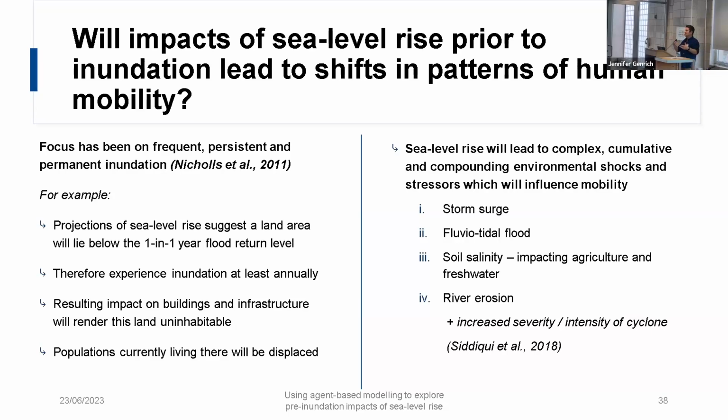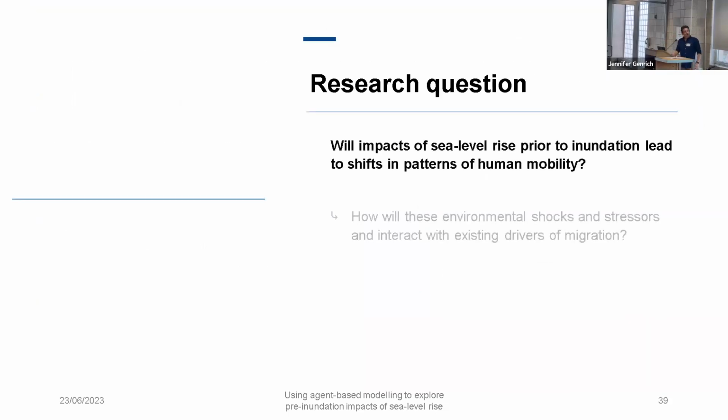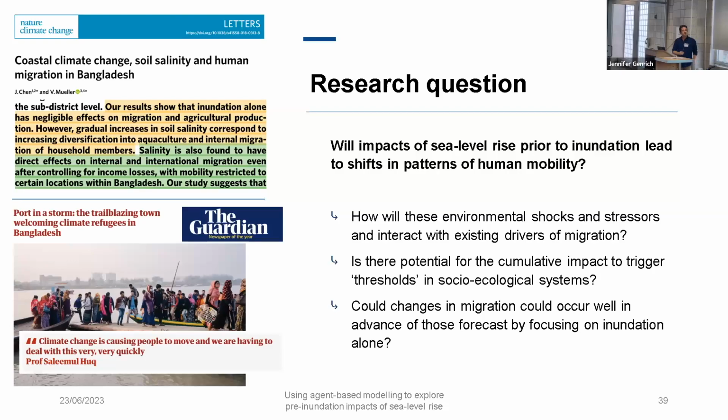Those of you who were in Jan's talk a couple of days ago will have heard in great detail about those. So the question is then, how will those environmental shocks and stresses interact with existing drivers of migration?